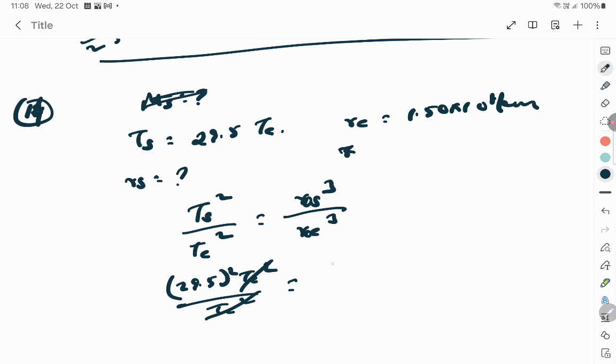The radius of orbit of Saturn around the Sun is unknown, but we know the radius of the Earth around the Sun, which is 1 astronomical unit, which is 1.496 into 10 to the power 11, whole to the power 3.